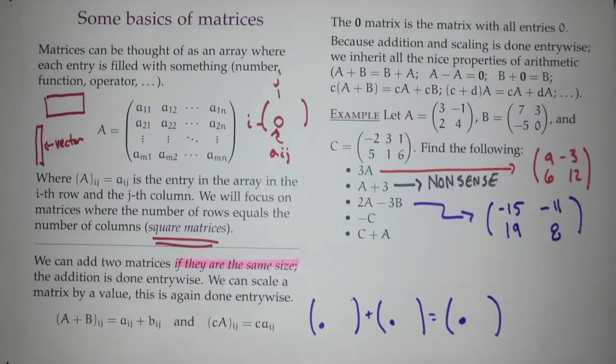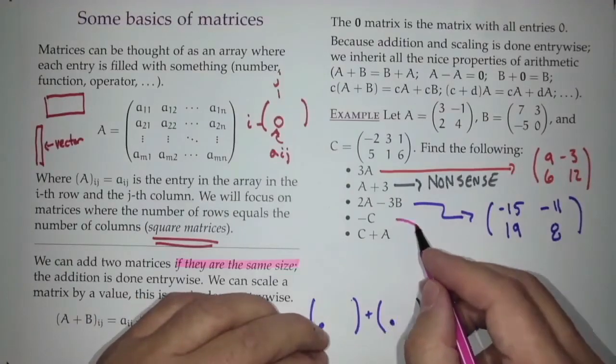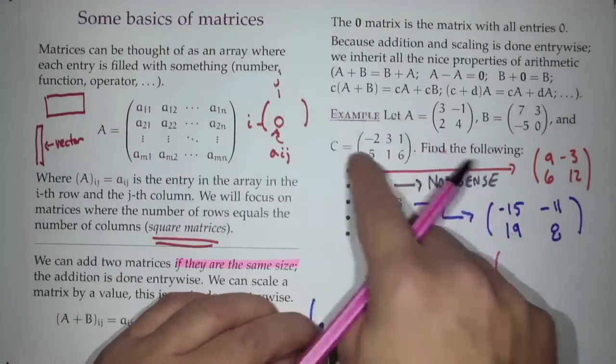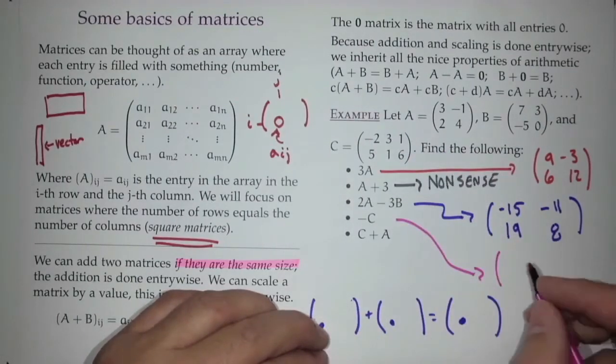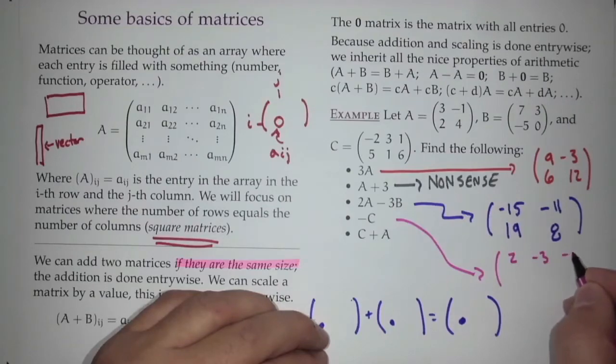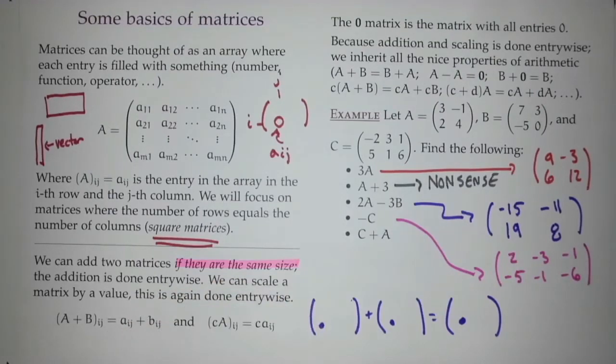All right. How about negative c? Well, come to c, and what do we do to it? We change the signs. So negating a matrix just says go in, and everything that was positive becomes negative, everything that was negative becomes positive. So it's very simple to just say, flip it around, flip all the signs.